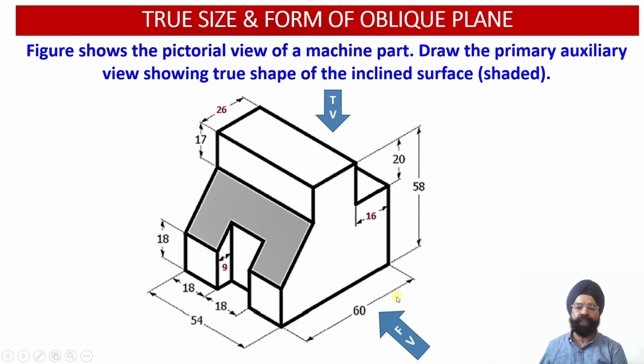Now when we observe the solid from the front view, we are going to obtain the edge view of this particular sectioned inclined surface onto the vertical plane, and when we observe the solid from the top, we will be obtaining the shortened or apparent view of this particular darkened surface onto the horizontal plane in the top view.